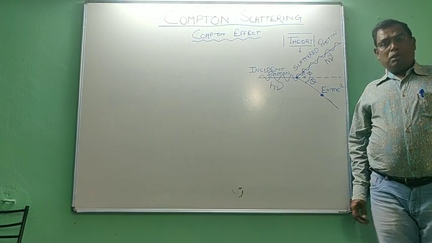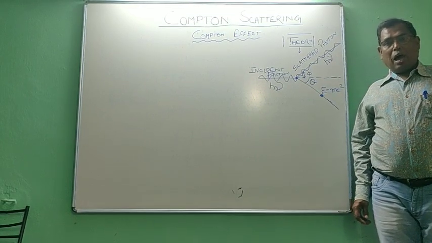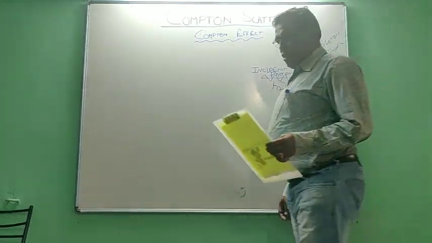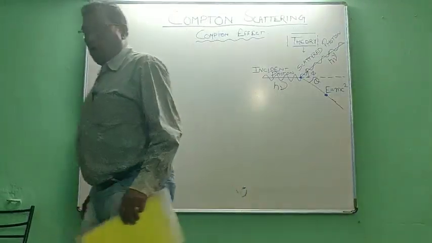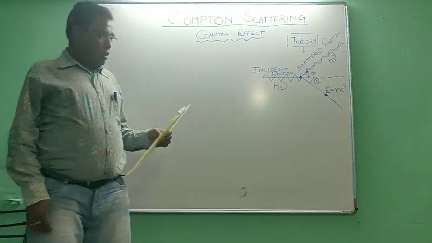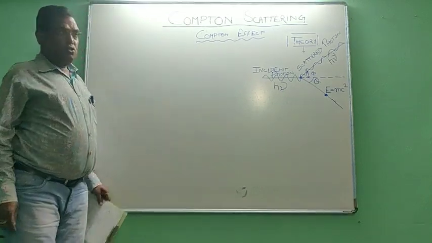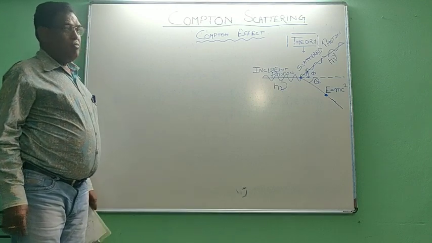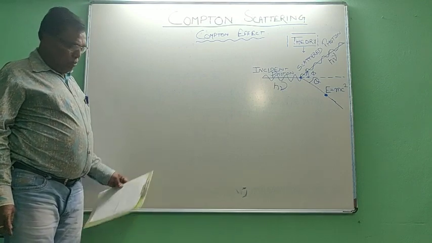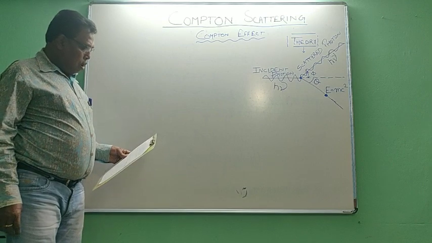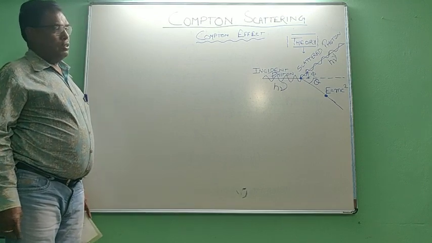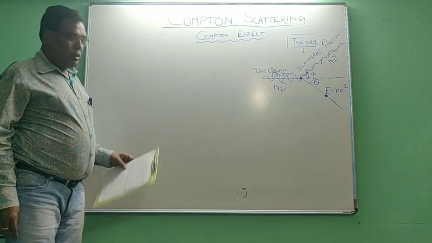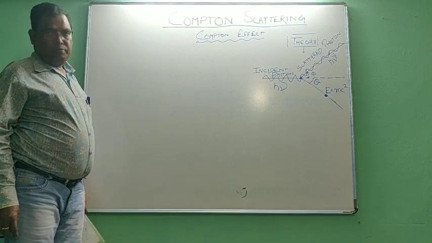The definition of the Compton effect is: when high frequency X-rays are scattered from a graphite block, then instead of radiations of the frequency of the incident wave, some new frequencies or wavelengths are also found. This phenomenon is called the Compton effect.